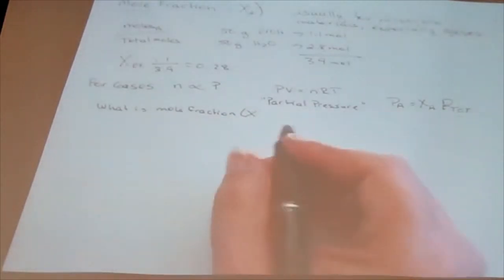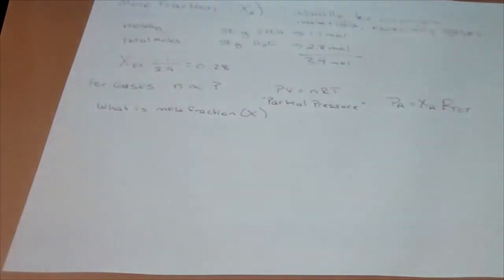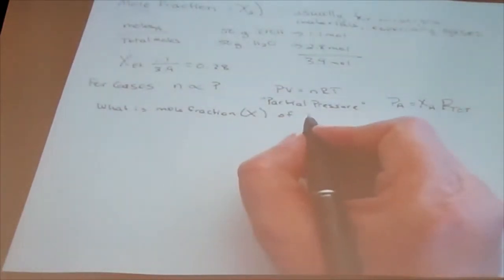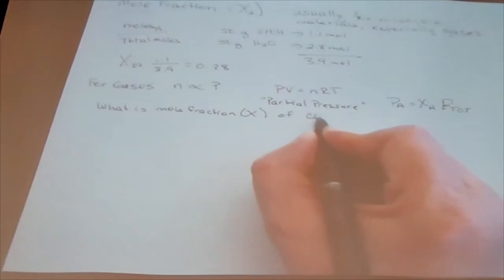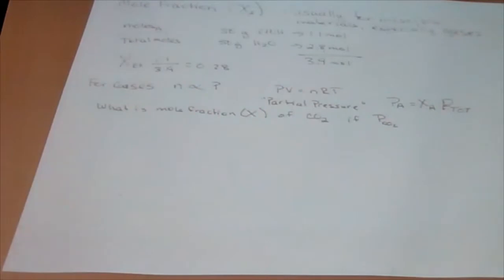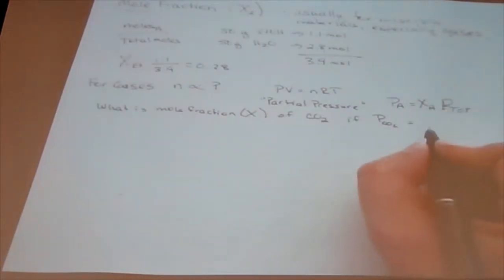So what is mole fraction? And knowing the symbols we use is important. So X or chi is our mole fraction. What is the mole fraction of, let's say, carbon dioxide if the partial pressure, so if I say P CO2, that means the partial pressure of carbon dioxide is equal to 3.5 atmospheres.